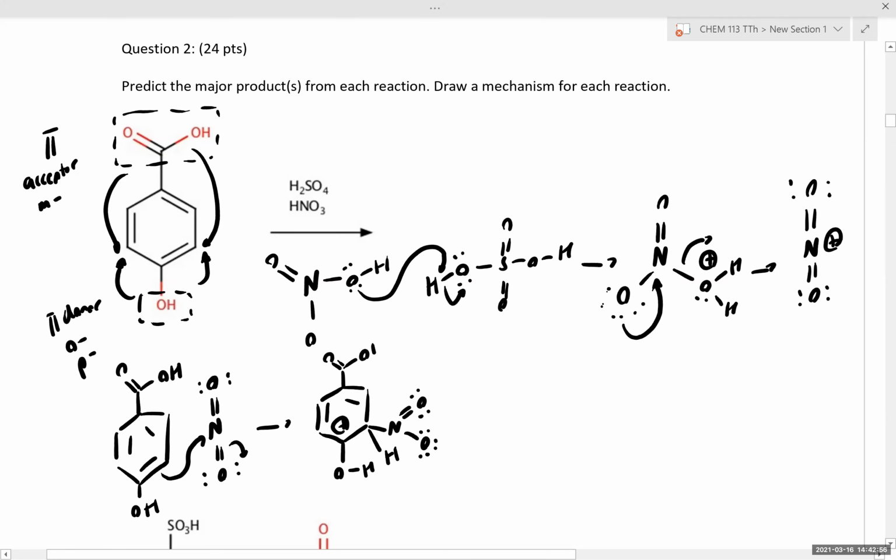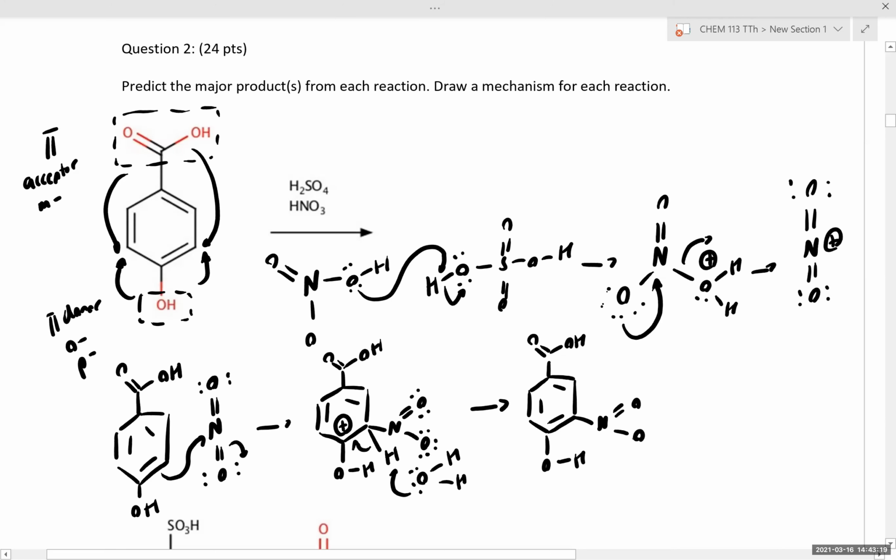Note that our carbocation is stabilized by our pi donor group. And then for our next step, water will facilitate elimination and regenerate our aromatic ring. So this gives us the following single product.